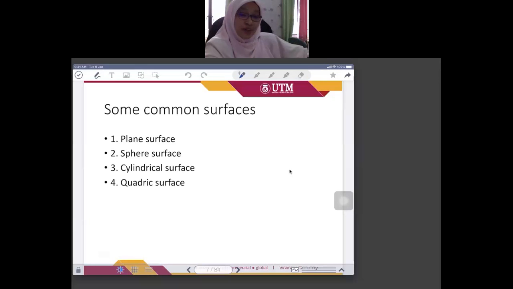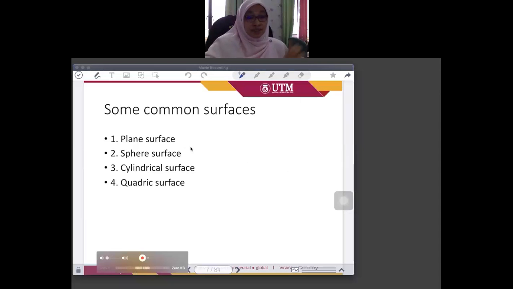Or also, I'm not sure you can see me, right? This paper is also an example of a flat surface. So this is flat, and this is also flat. That is a plane surface. And for number 2, number 3, number 4, that is called a curvy surface.